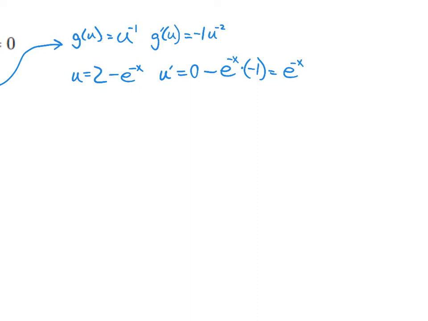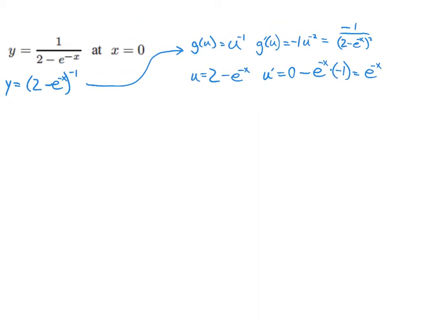Now multiply e to the negative x times u to the negative 2. We've got the g prime of u, which was negative 1, over u squared, where u was 2 minus e to the negative x.